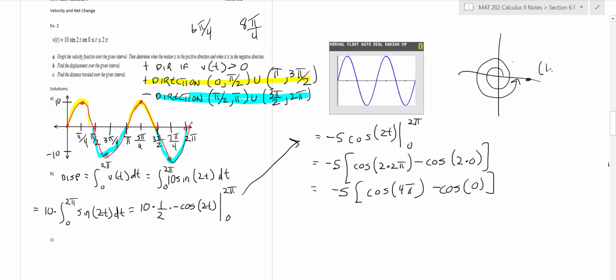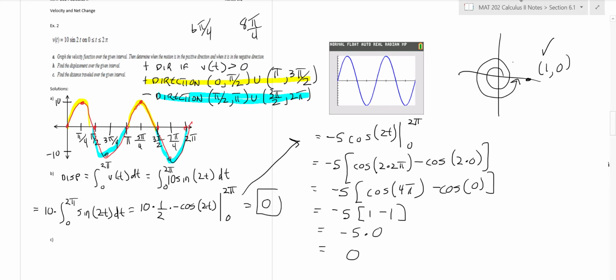That's at the point (1, 0). The cosine is the x value. So cosine of 4 pi is 1. Well, these angles are coterminal, so the cosine of 0 is also 1. So what you get is negative 5 times 0, so you get a displacement of 0. All right, so the answer to this problem is 0.